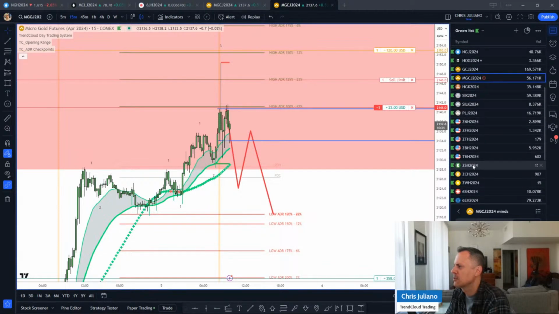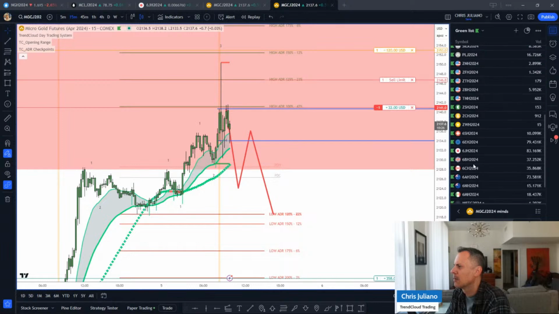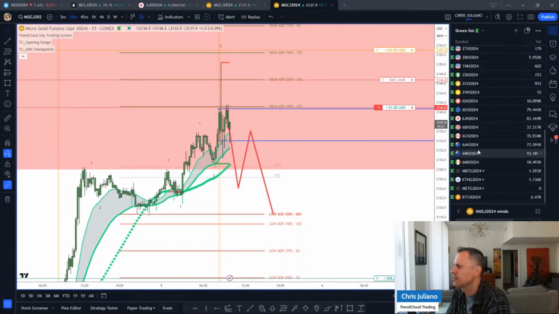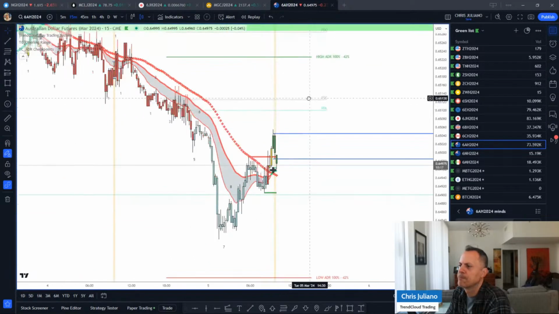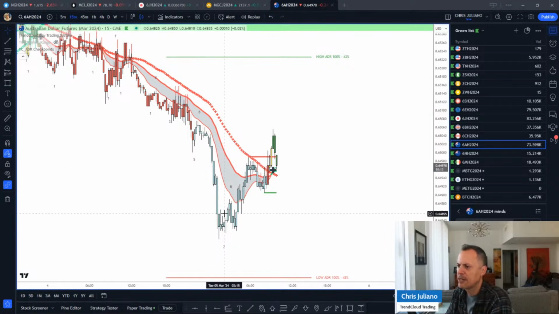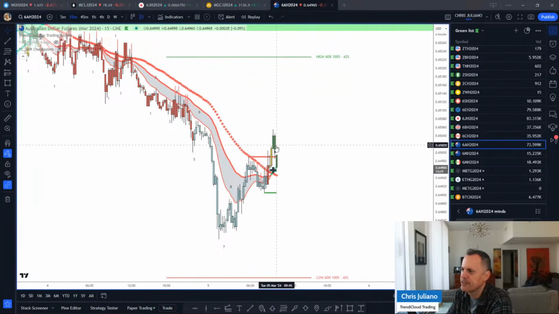All right, let's take a look. We have to update our agriculture here. Let's go over to that Australian dollar. Australian dollar, 7 waves down, pulled back up. What did it do?